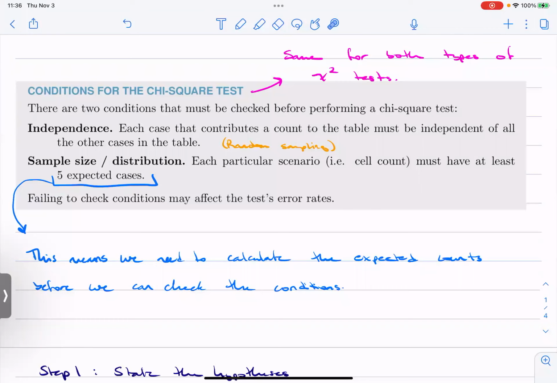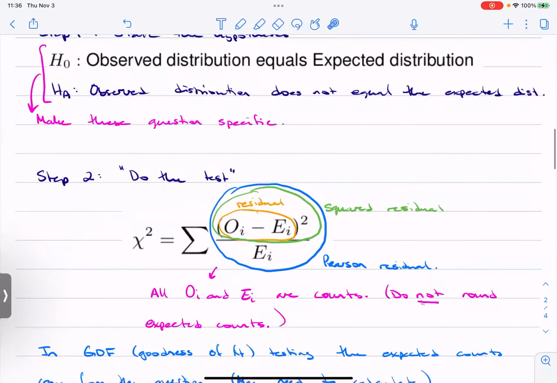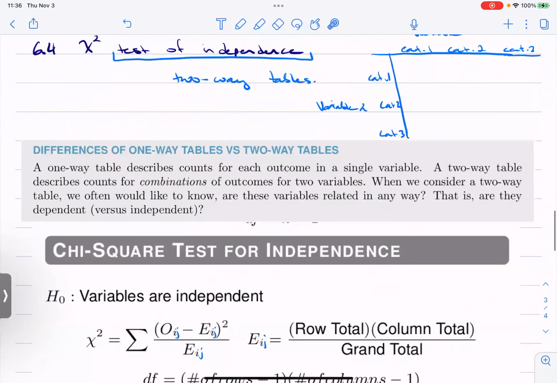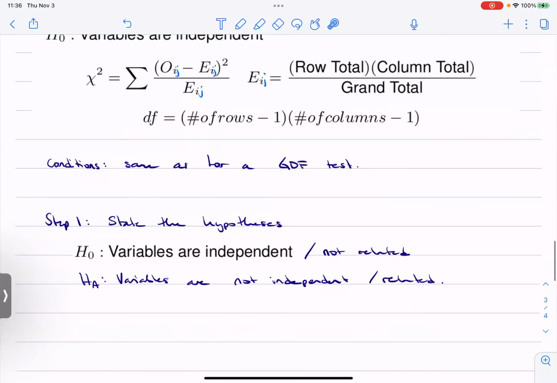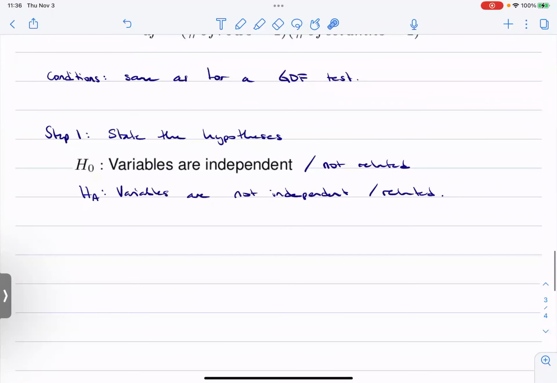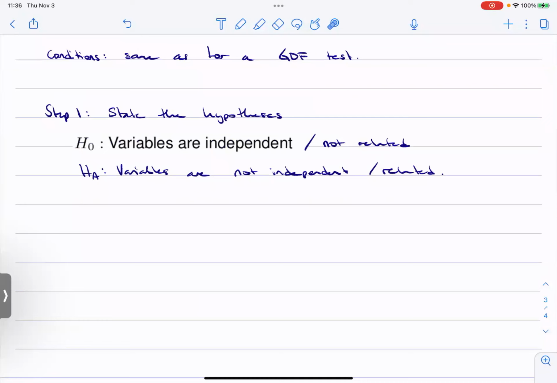Those we have to assume are independent of each other, so you're not just going out and sampling clusters of group think. So yes, it is a little bit boggy, but this independence is for the counts and the test of independence is for the variables. Okay.